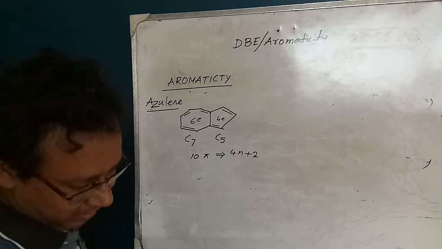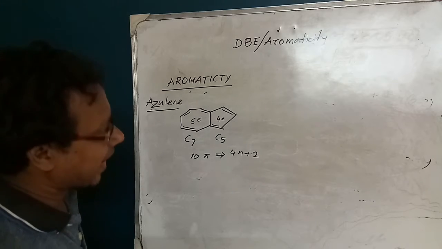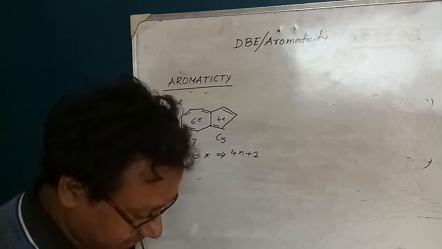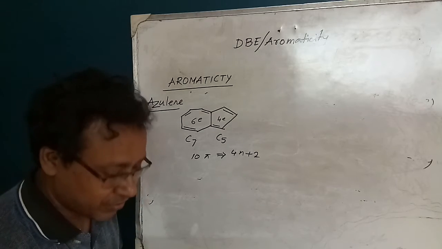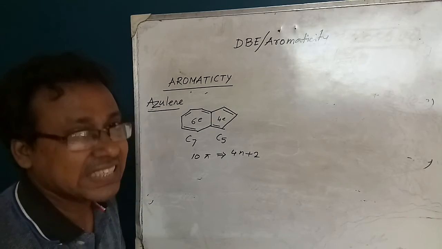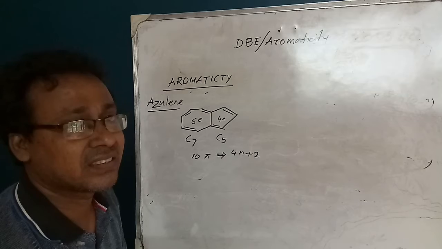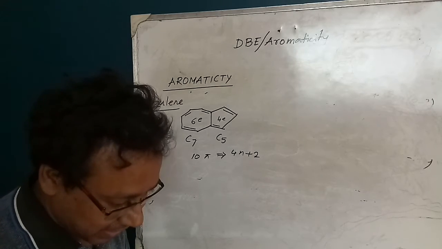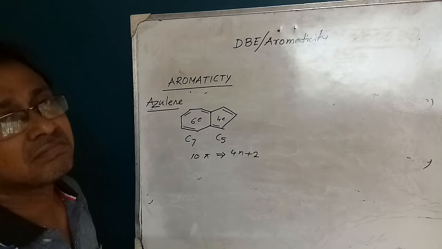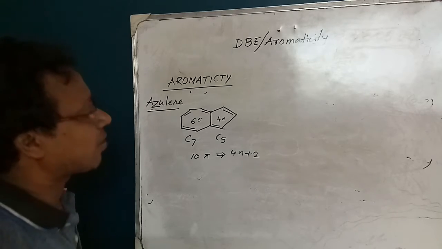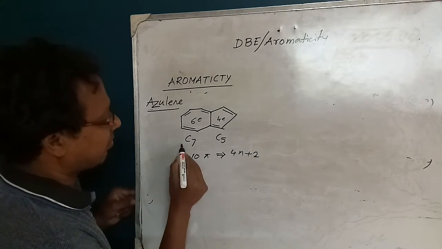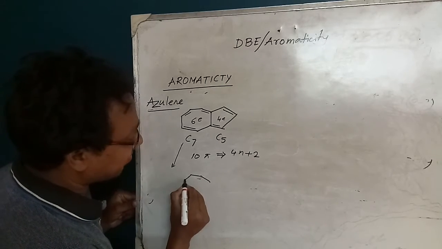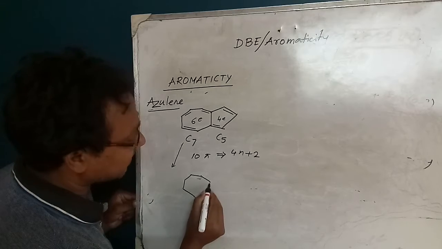It is always colorless. And the dipole moment of naphthalene is 0. But if we consider azulene, it is highly colored and its mu value is not equal to 0. That means it definitely has a dipole moment. So how is a dipole moment possible? We can say it by this.